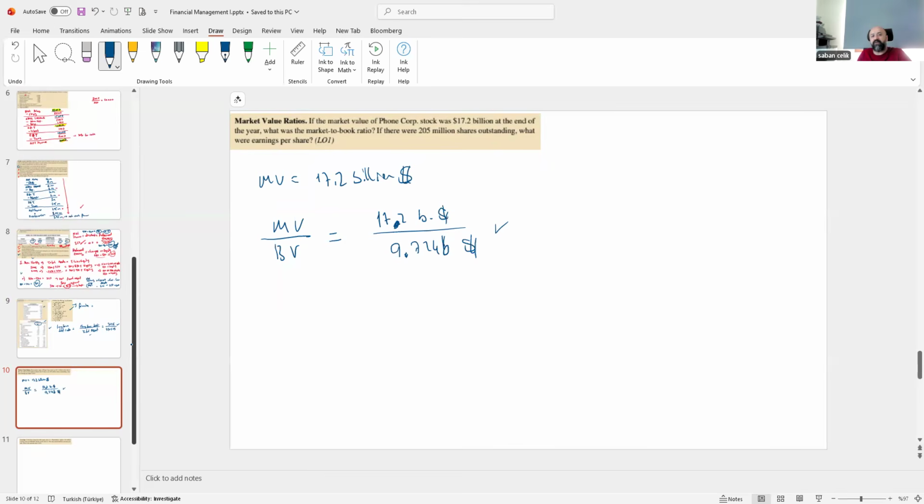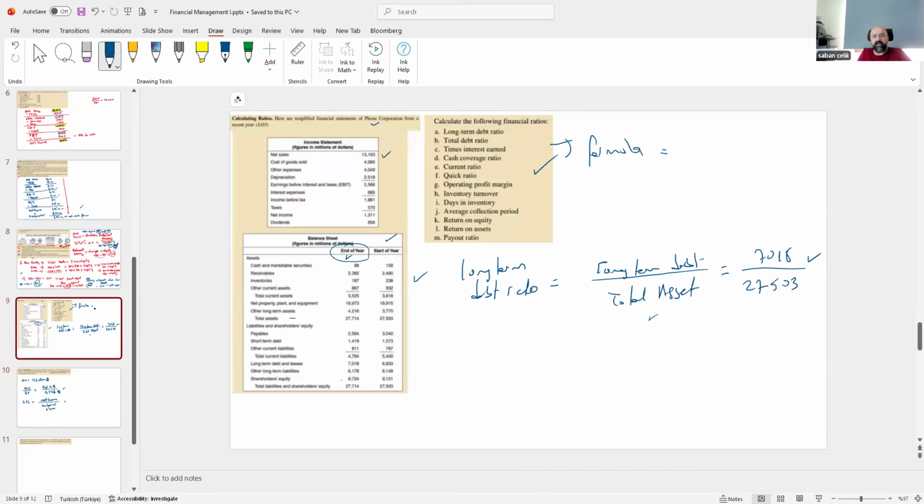If there were 205 million shares outstanding, what were earnings per share? So earnings per share is net income divided by number of shares. Which net income here? It's not given in this problem. It's given in the previous problem.